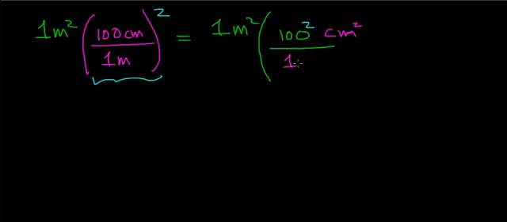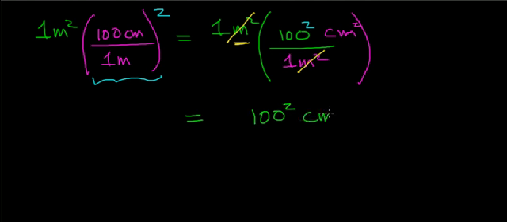Divide that out by 1 meter squared. And now, one thing I want to really emphasize is that this unit of meter squared cancels out with this unit of meter squared. And when I do that, I get 100 squared cm squared. Now I'm ready to take this from units of centimeters squared over to units of inches squared.